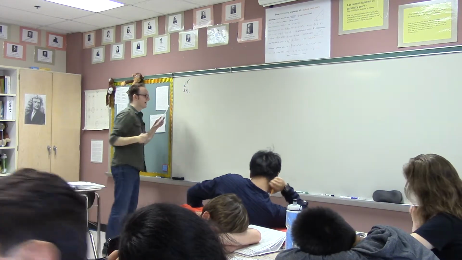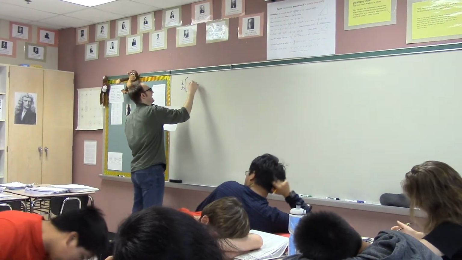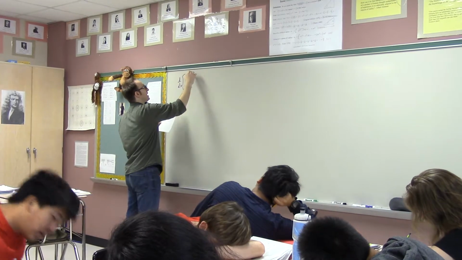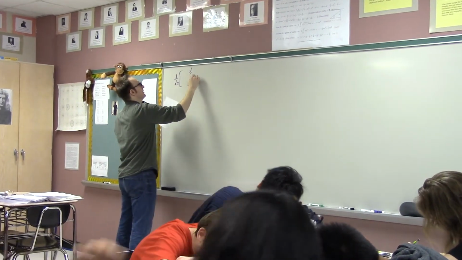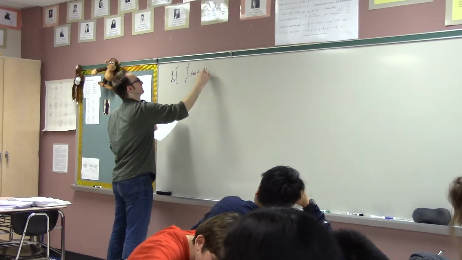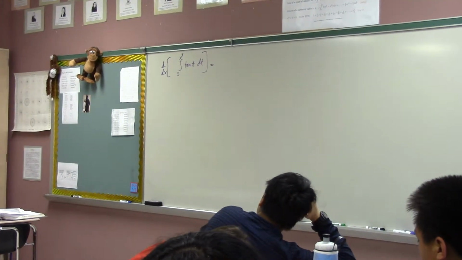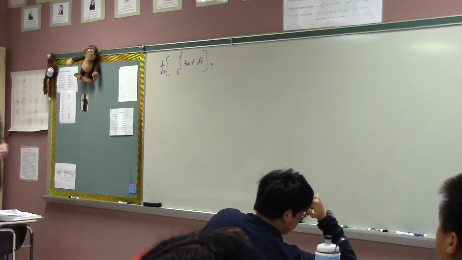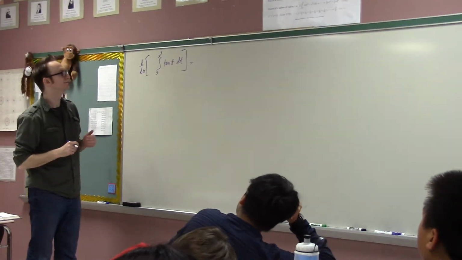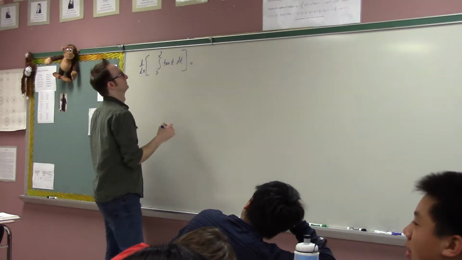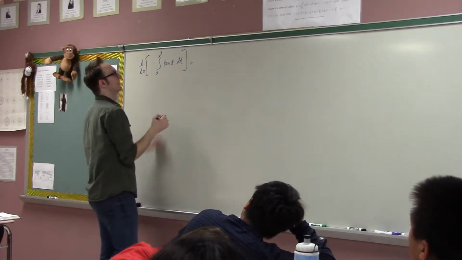So it was: take the derivative from 3 to x to the 4th of tan. Maybe if you understood this conversation last class, then you just know the answer right away. What is the answer to this? Yeah.